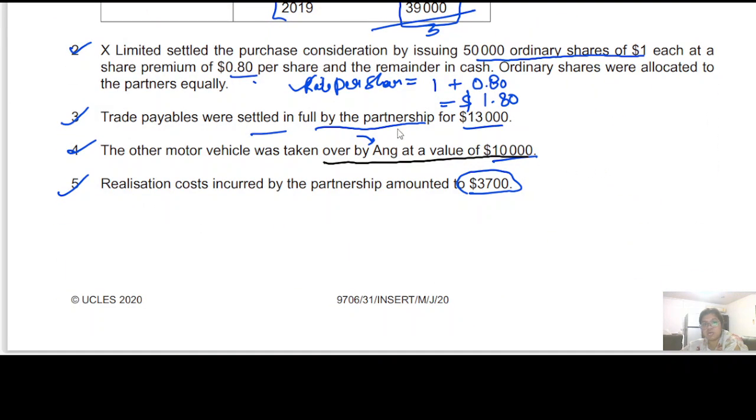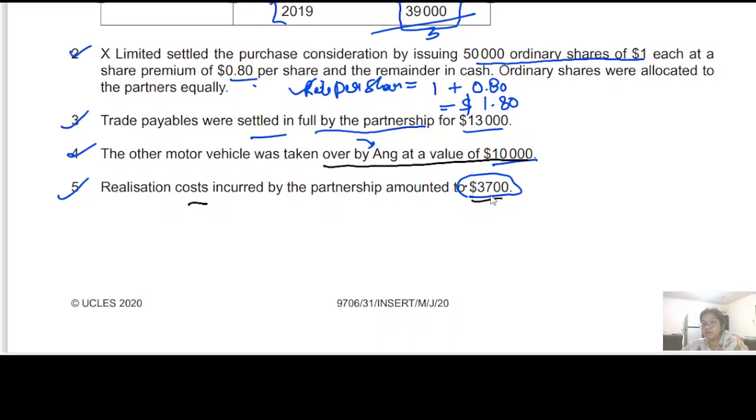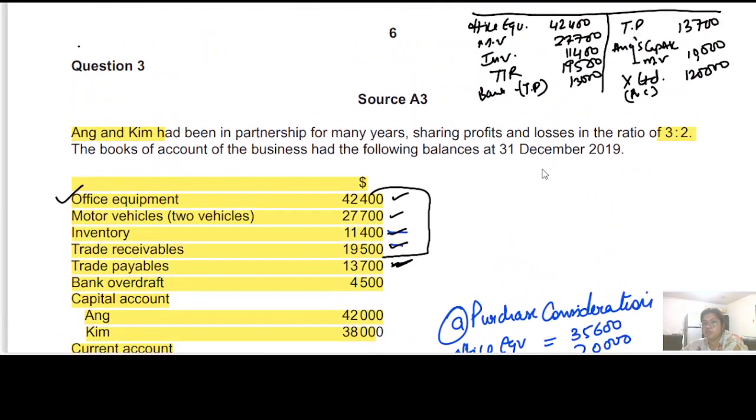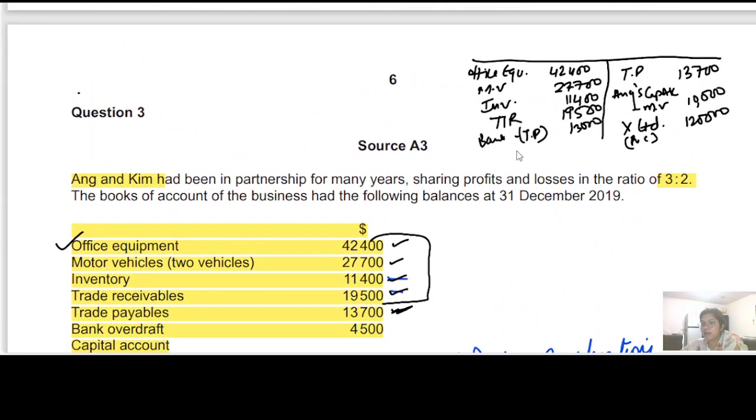In the fifth point they give you information regarding the realization cost, that is 3,700, which is paid by the partnership. So again bank, or you can write realization expenses, 3,700.